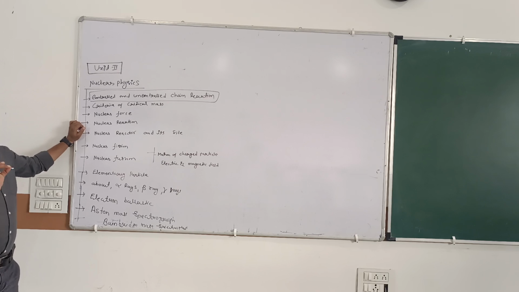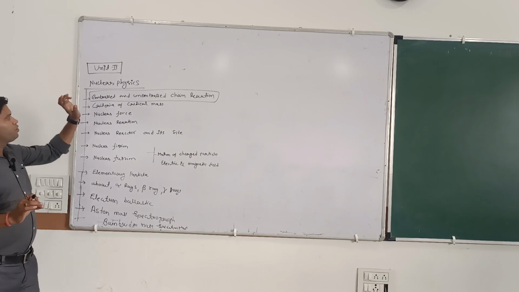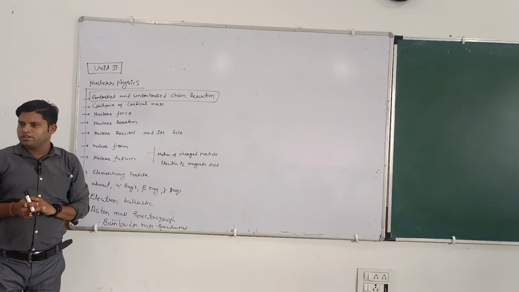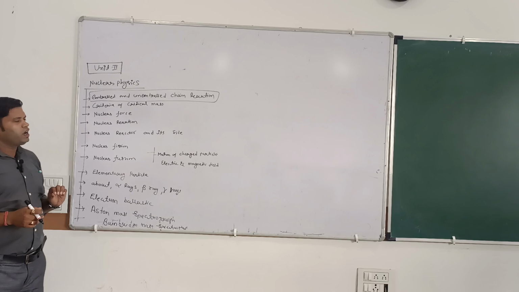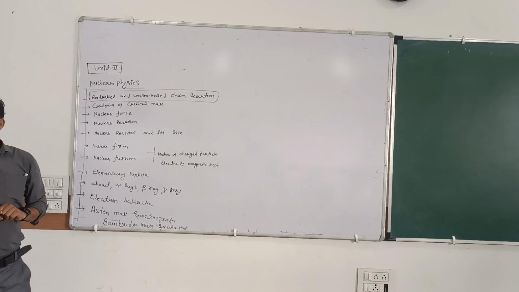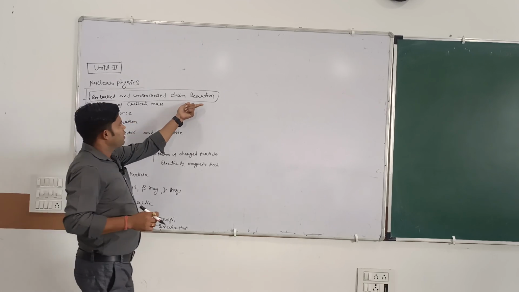But here we know the points under nuclear. That is helium, uranium, barium, krypton, alpha particle, beta particle, Q values, energies. These are the basic points of nuclear. Done. So we understand the meaning of controlled and uncontrolled chain reaction. First thing, what? Reaction.